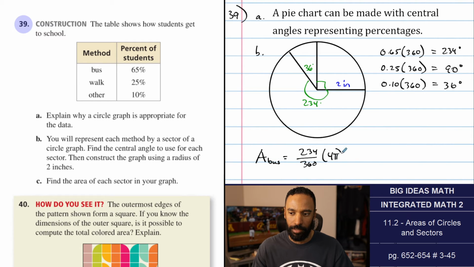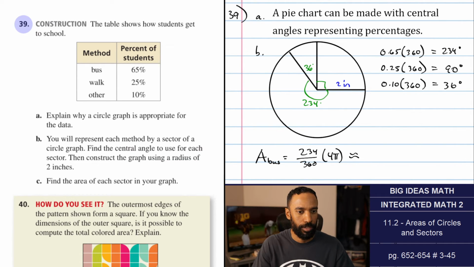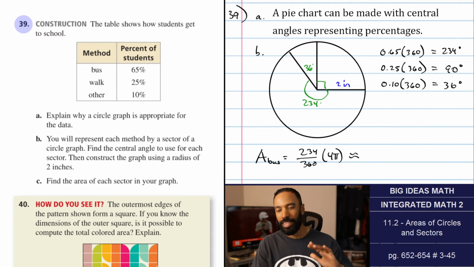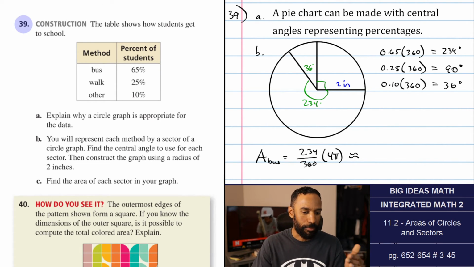I'll just call it 4 pi. See, the thing is, that's 65%. So I'm clicking on my calculator, and that's the 0.65 again.